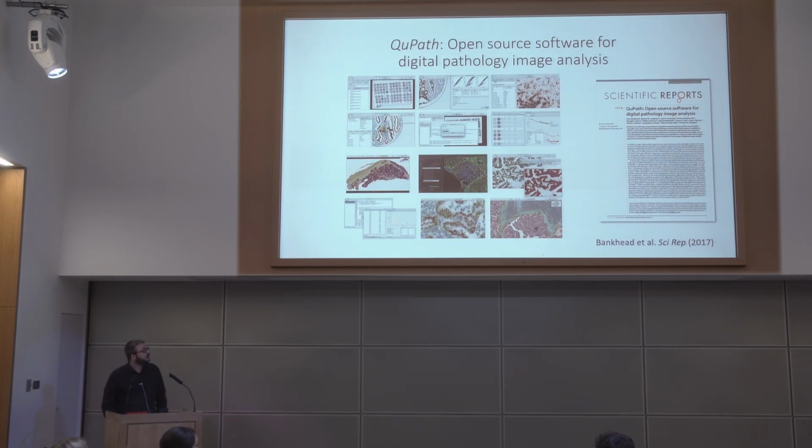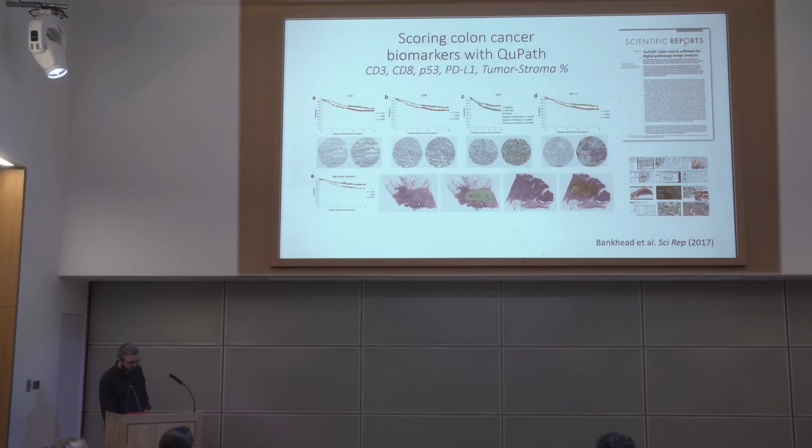So here then is the publication of QuPath that came out soon after I left Queen's. Screenshots show some of the diverse applications of the software, but I'll show it to you in a moment later. In this publication, we were looking at scoring breast cancer biomarkers. So I should say, if you're not familiar with tissue microarrays, each one of these circles is a tissue sample from a different patient.